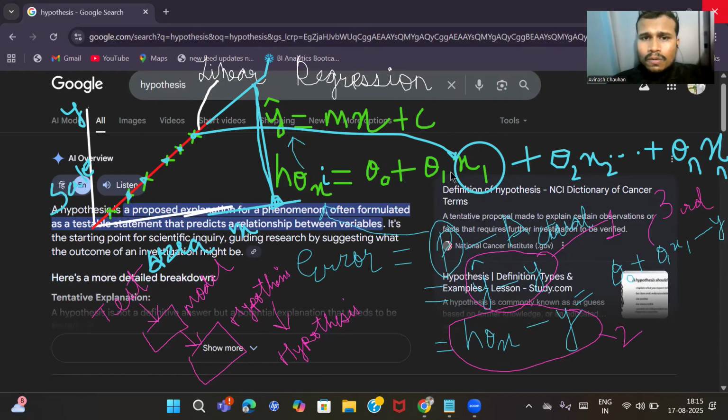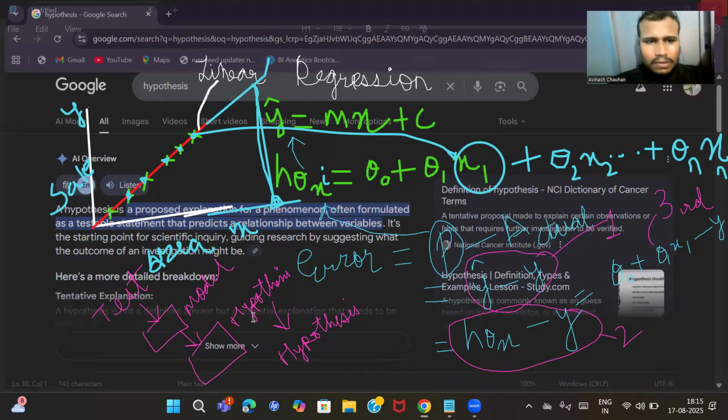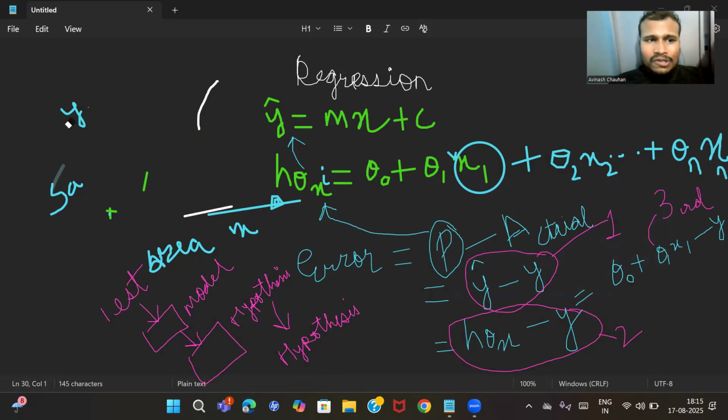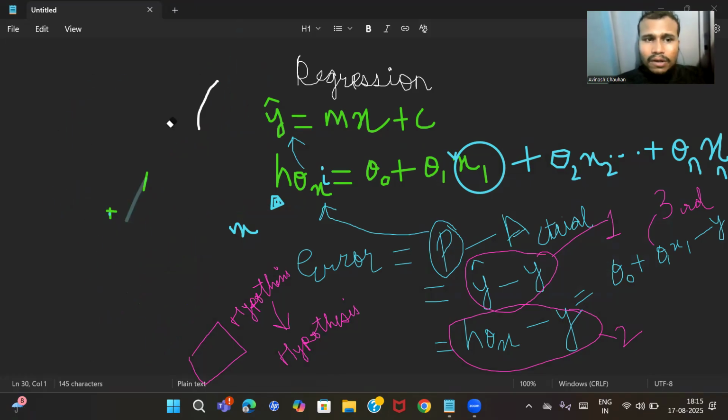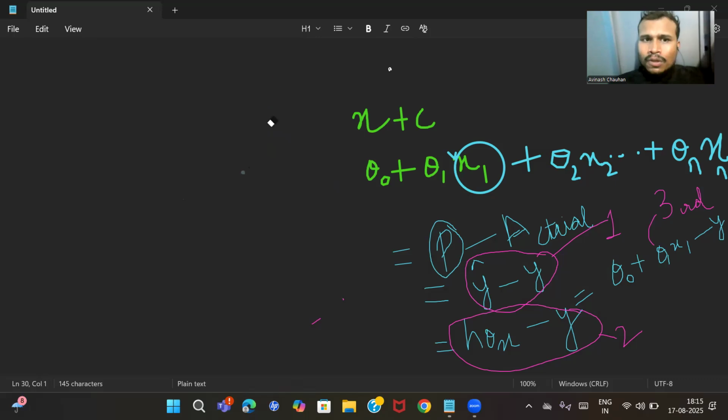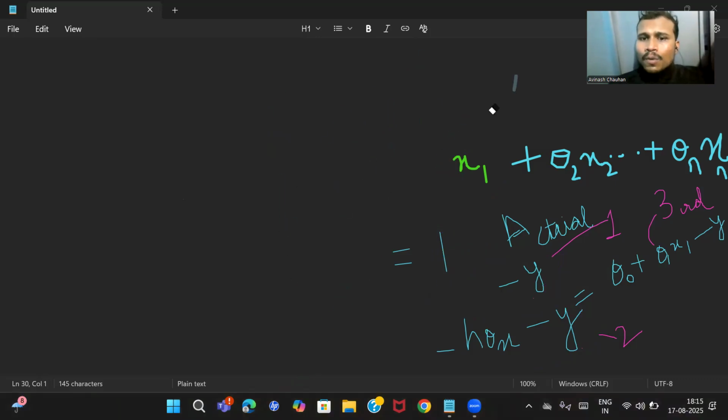Now, I will discuss how this formula works, how this hypothesis and all these terminologies work with respect to linear regression. So the very first thing we understood in linear regression is that we are going to create the best fit line.